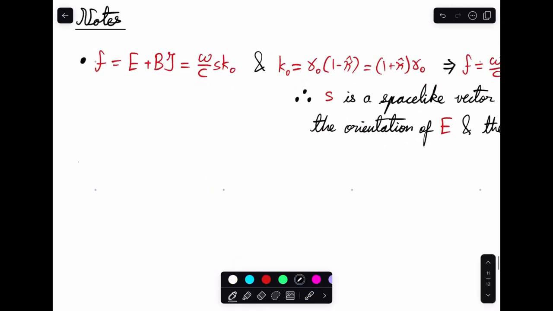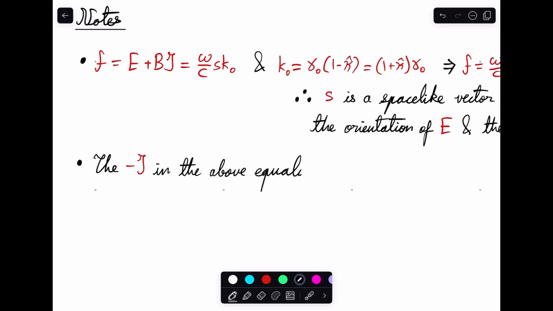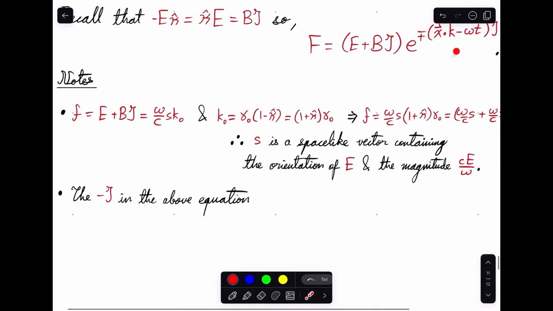Now, the other notes, the minus I in the above equation, and by above equation I mean here.